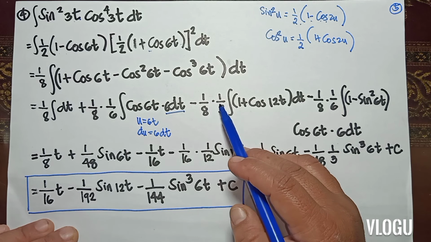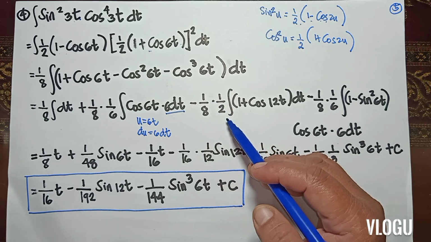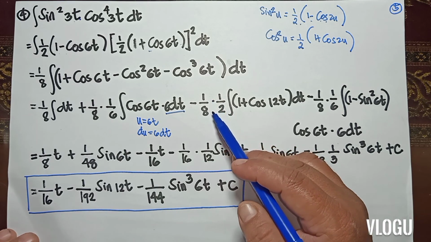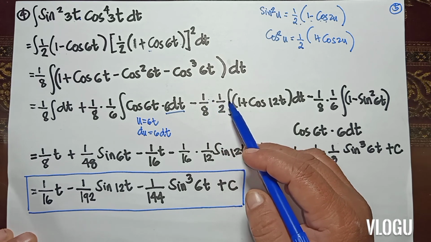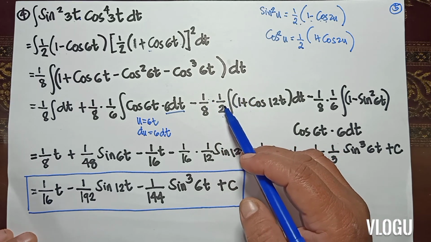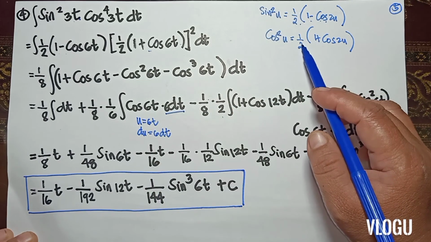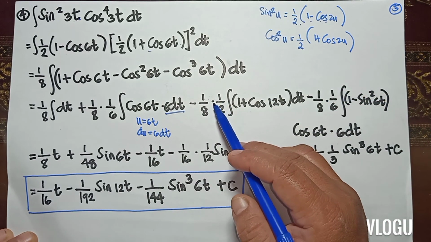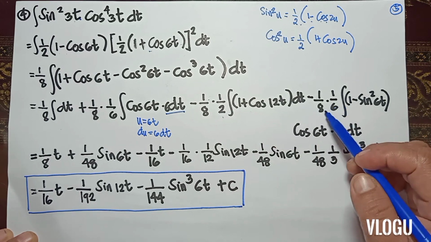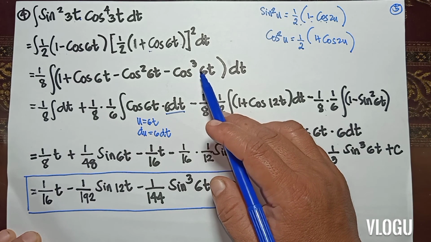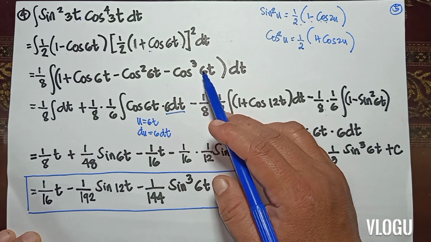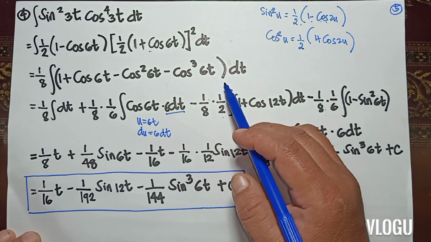So we have here 1 over 8. Then we have 1/2 because from cosine squared, that is 1/2. So that's the reason you multiplied 1/2 here. Then minus 1 over 8. Here this is cosine cube, so factor out cosine outside.